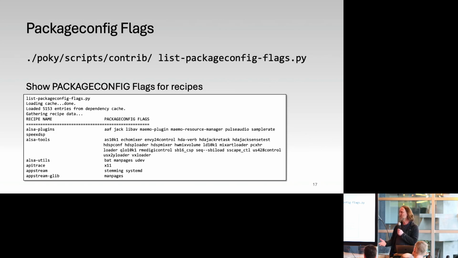So now you can see, oh right, those are the things that I can go and play with. These are the things that the recipe has already configured, or has an option that I can then put into my package config for that particular recipe. So again, it's just a nice little useful time saver when you're exploring.